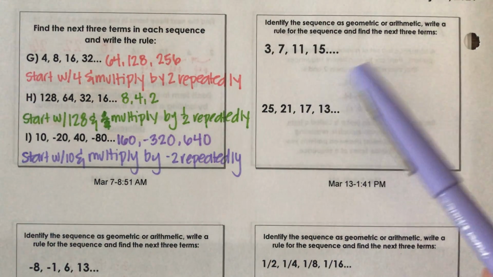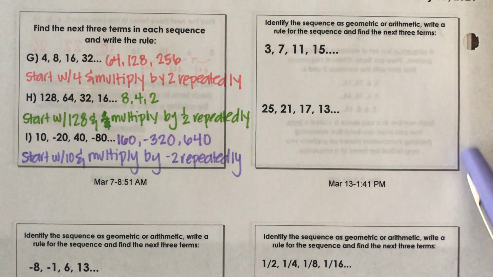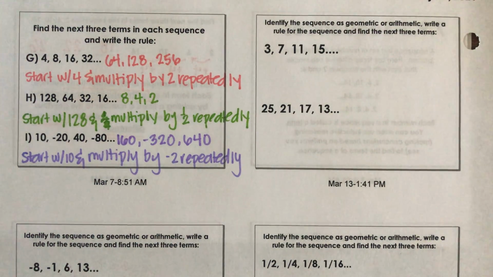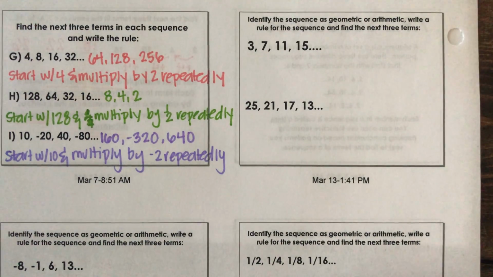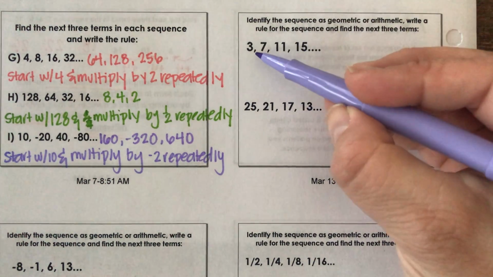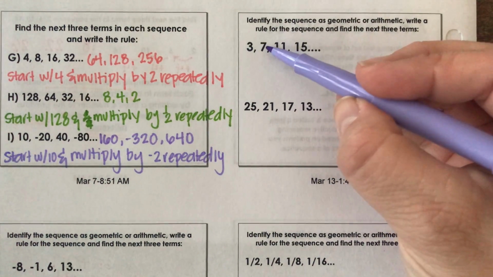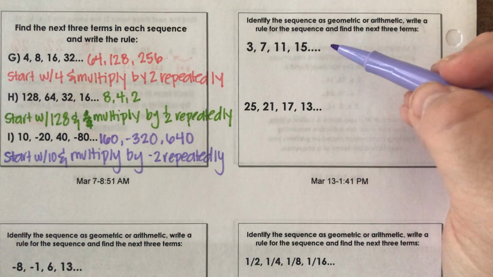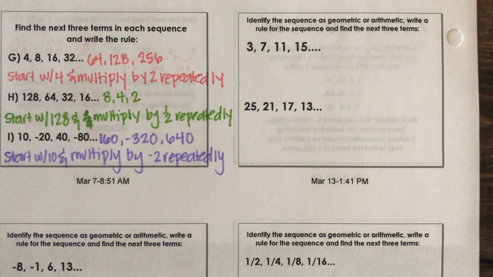Okay, so on the next slides, it says identify the sequences as geometric or arithmetic, write a rule, and then find the next 3. So what's happening here? We're doing 3, and are we adding something? We are adding 4 repeatedly.